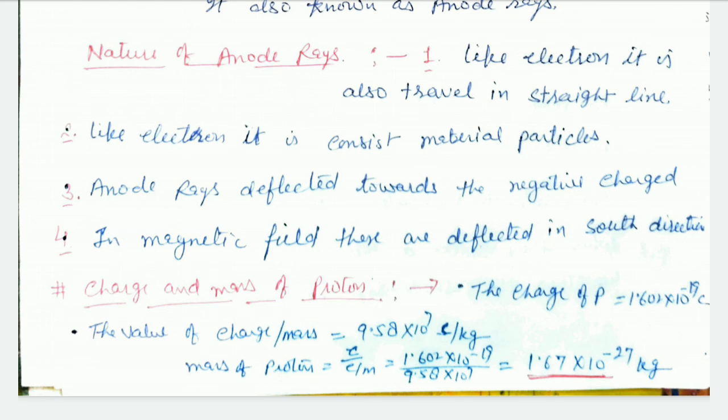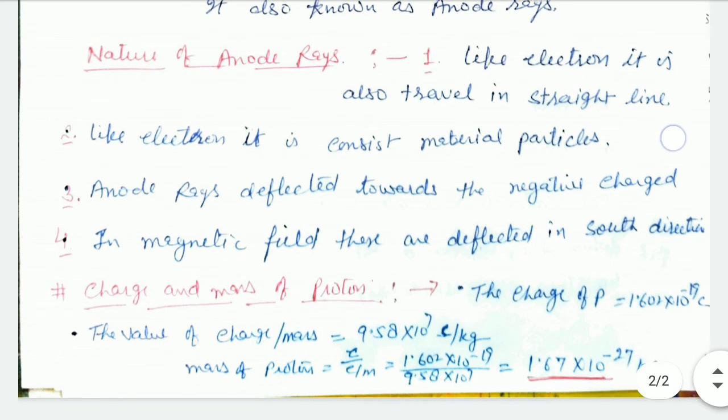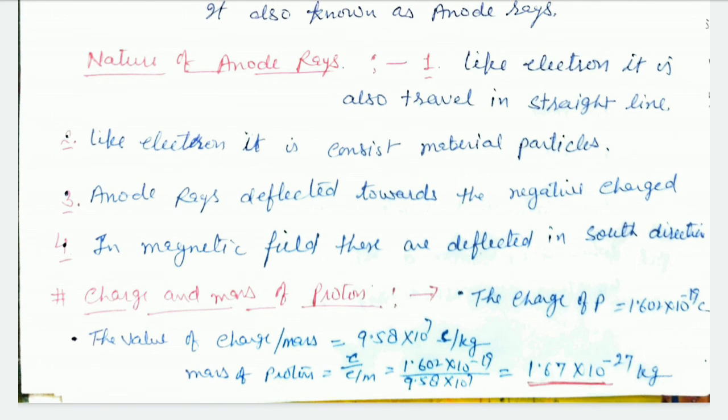We found 1.67 into 10 to the power minus 27 kilogram, which is the mass of the proton. The mass of the proton is approximately equal to the mass of the hydrogen atom.